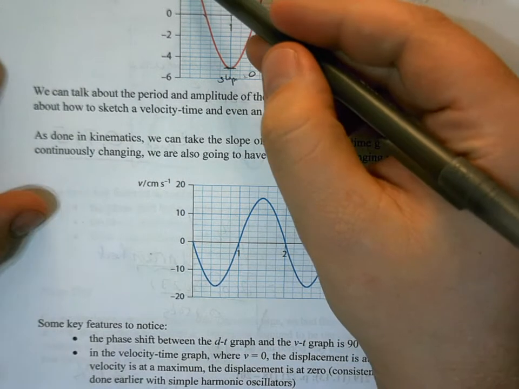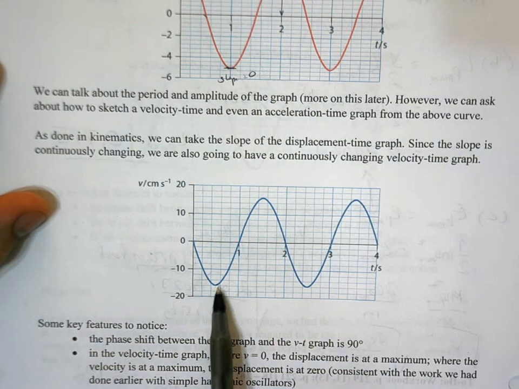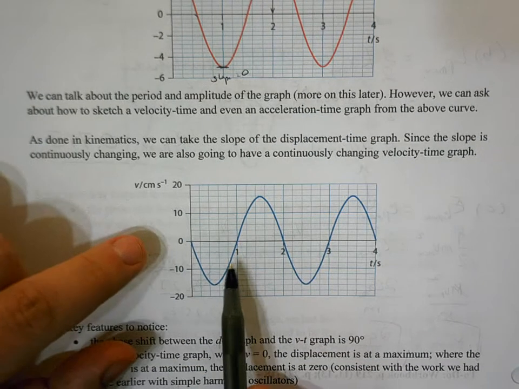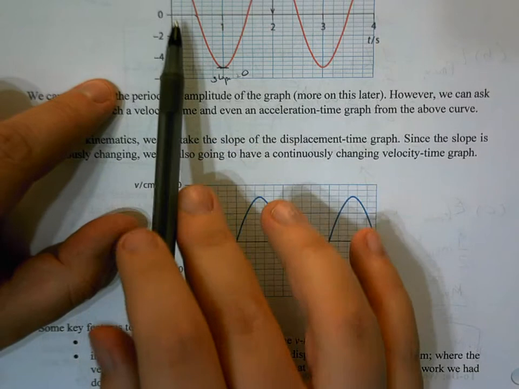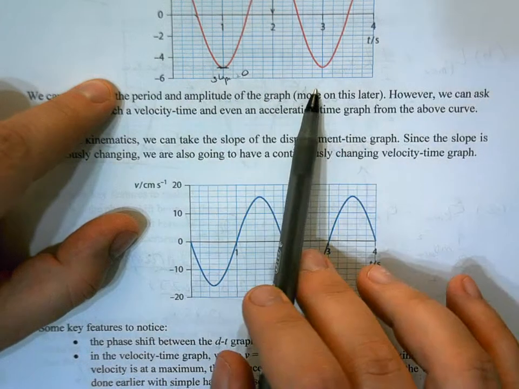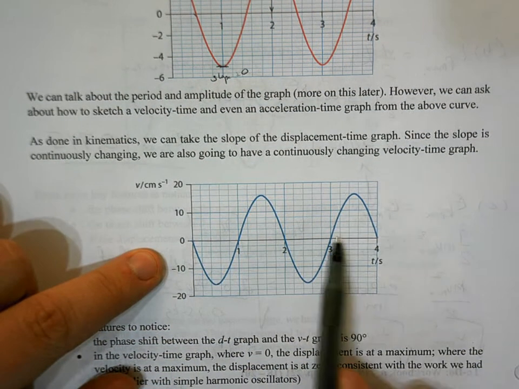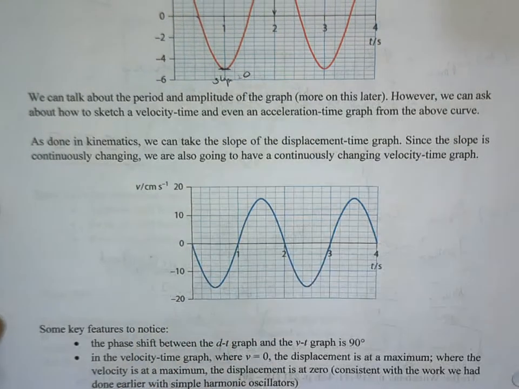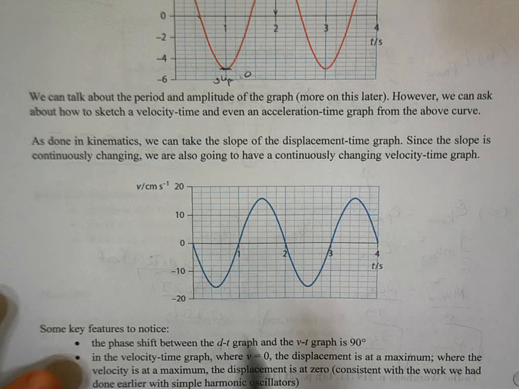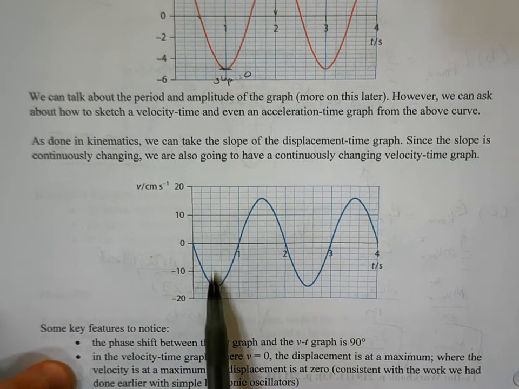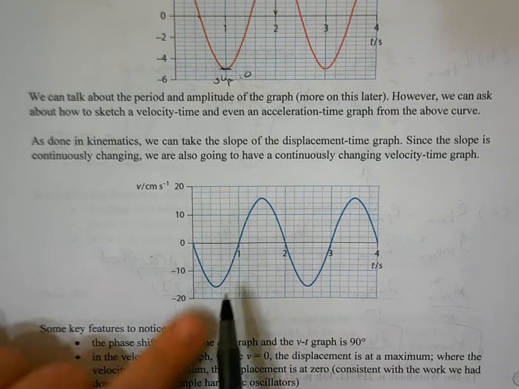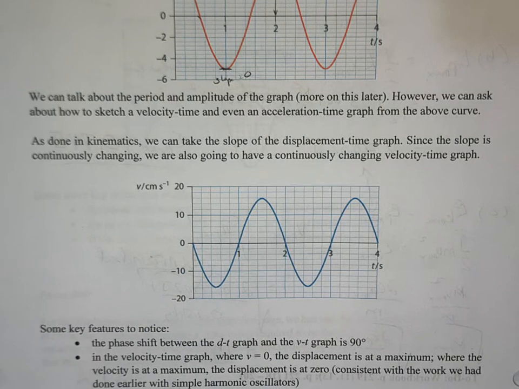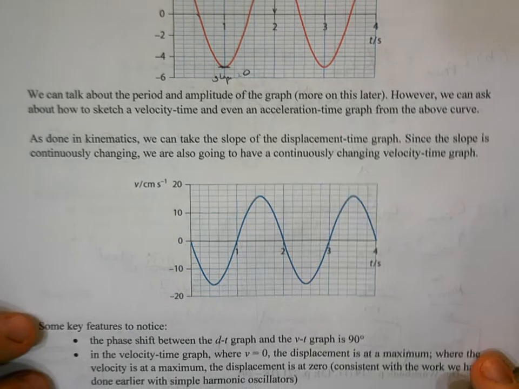In this case, because we're moving from right to left, we're going to have the maximum negative velocity. All of the points where we have a maximum or minimum on this graph correspond to cases where v equals 0. At the points where we're at equilibrium on our position-time graph, the velocity is at its maximum, whether it's positive maximum or negative maximum, depending on the direction the oscillator is moving.